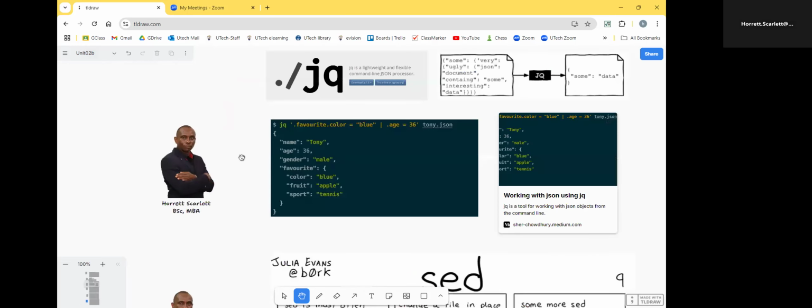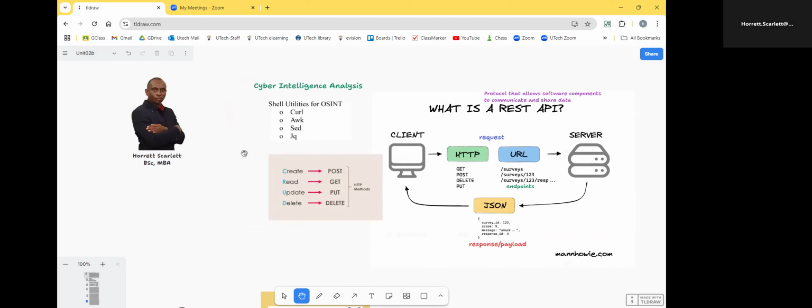So we're now moving on, and we are now focusing on shell utilities for OSINT. And when we talk about the shell, we're really talking about Linux. So we are using Linux as our primary OS because it provides some tools that allow us to navigate better in terms of the security aspect.